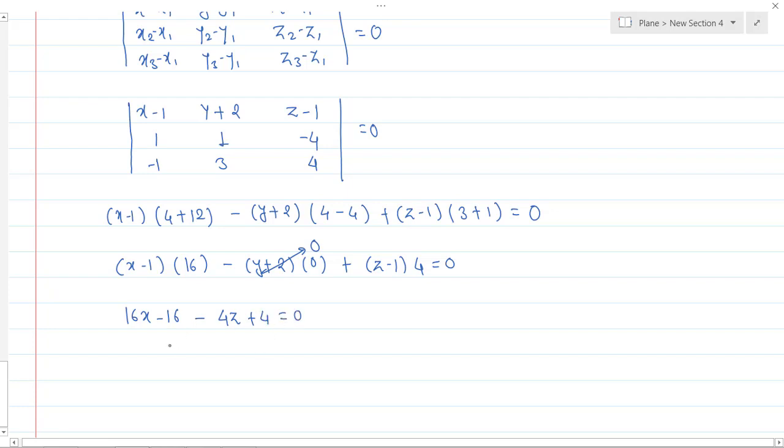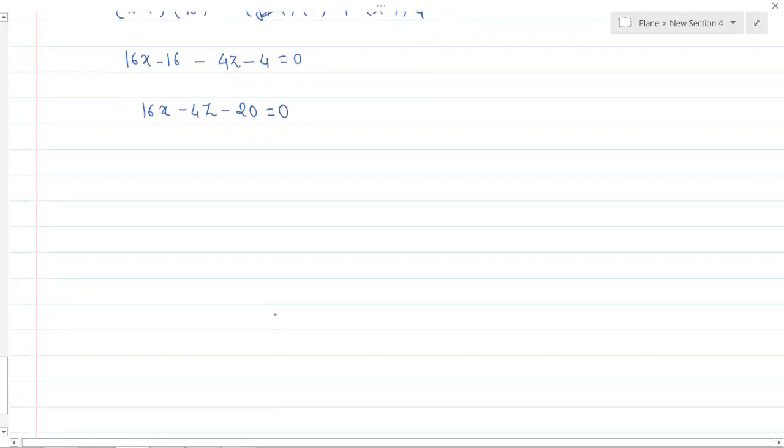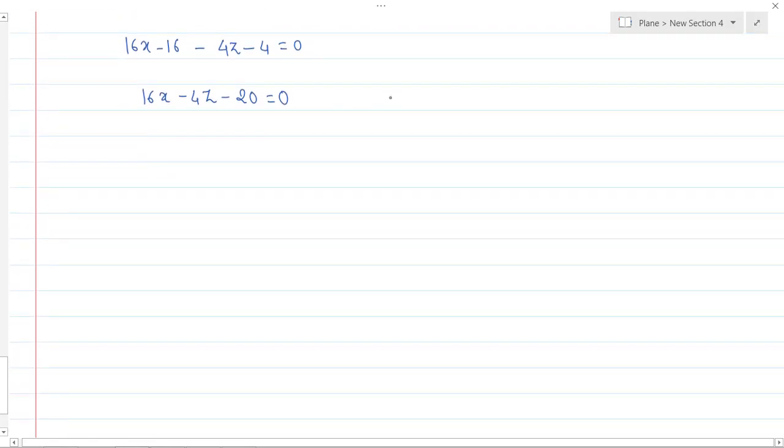So finally the equation is 16x plus 4z minus 20 equals 0. Okay, it should be minus only. So I can write it in standard form, 16x plus 4z equals 20. This becomes our Cartesian form.